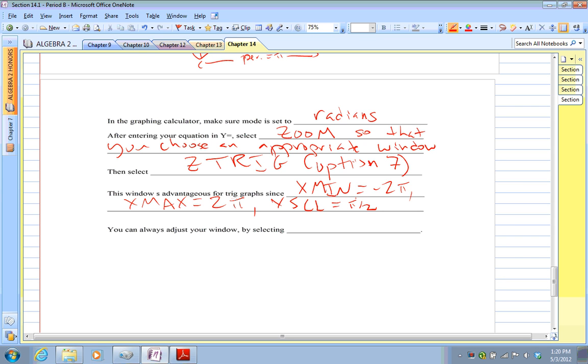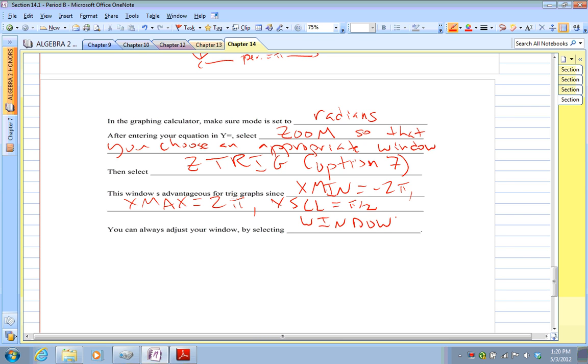And each of these units: 0, pi over 2, pi, 3 pi over 2, 2 pi. And you can always change the window if you feel like, if you have a smaller period or longer period, and the current values for x min, x max don't work for you, you can always just hit window and change it up. Notice how x scale is 1.57, that's half of 3.14.